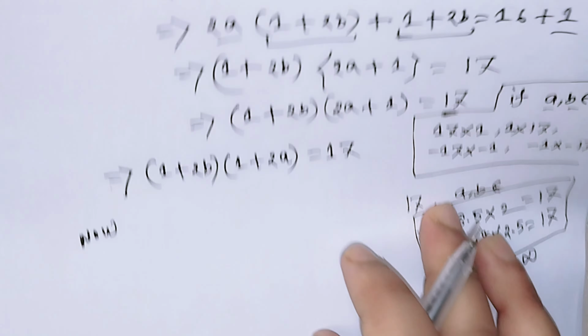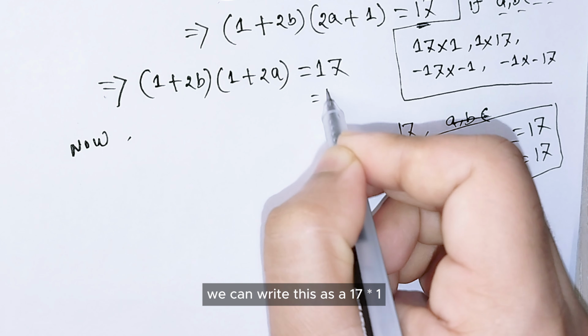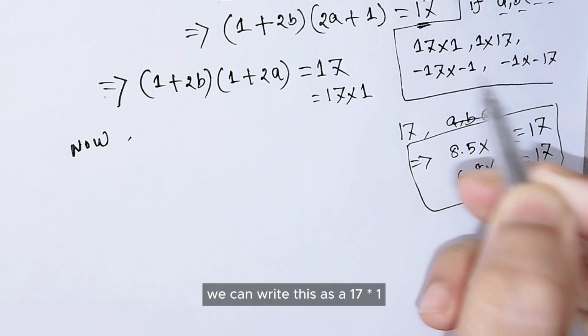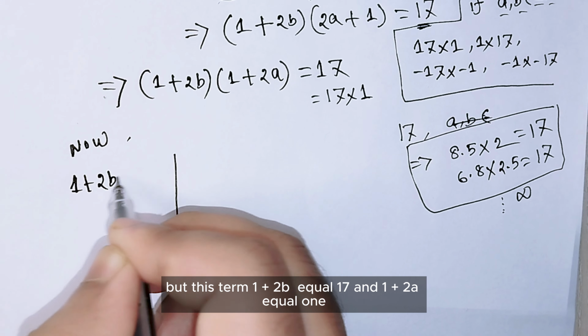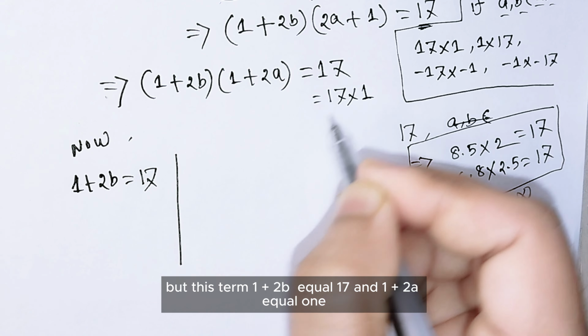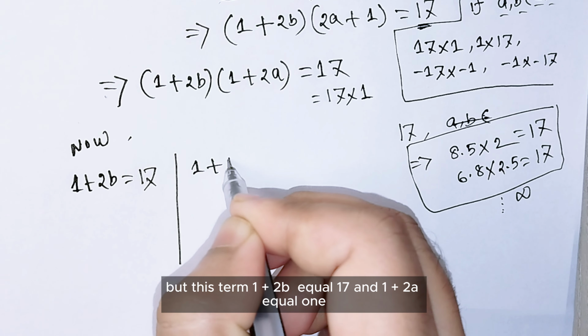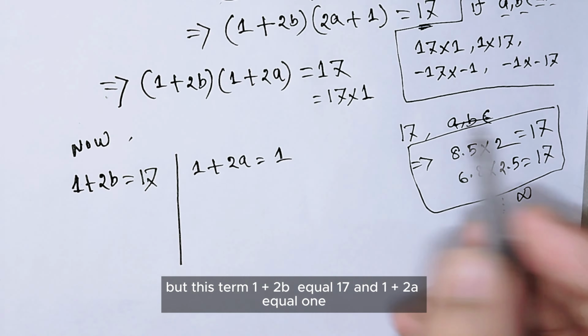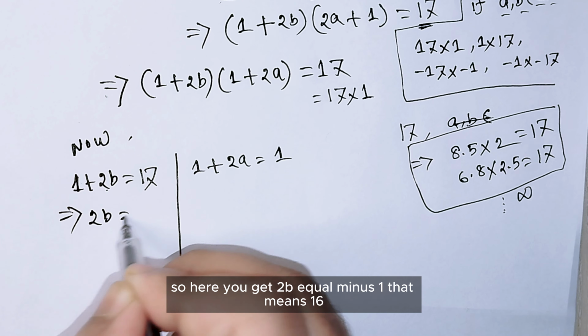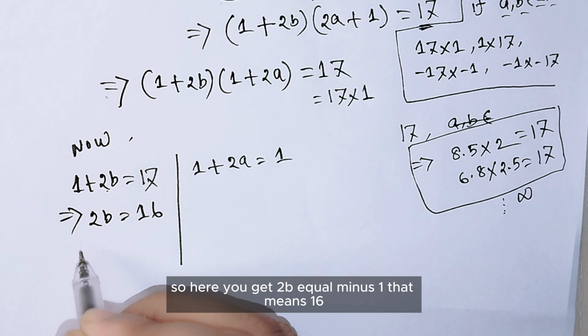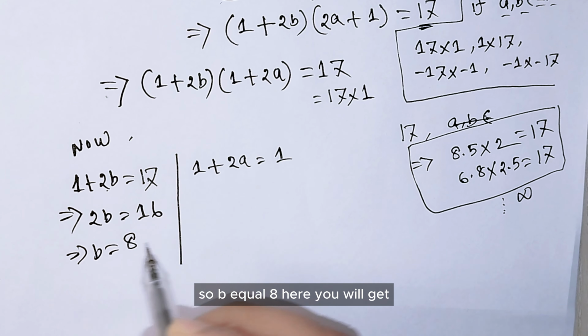Now we can write this as 17 times 1. For this, 1 plus 2b equal 17 and 1 plus 2a equal 1. So here you get 2b equal 17 minus 1, that means 16. So b equal 8.